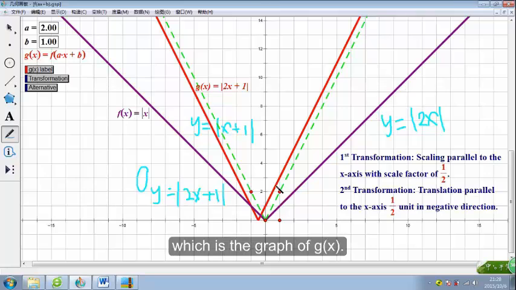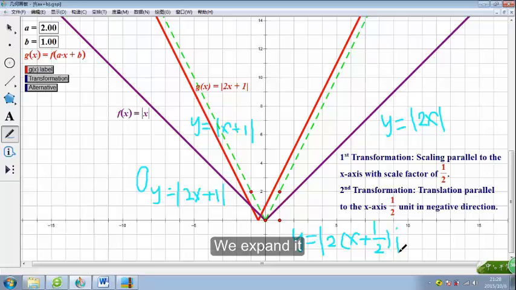graph of g(x). So how do we get it? y becomes modulus 2 times x plus half. After the expanding, we will get modulus 2x plus 1, which is the function of g(x).